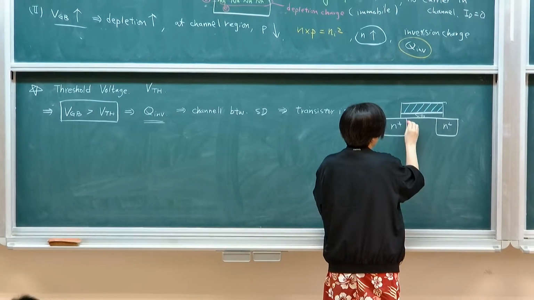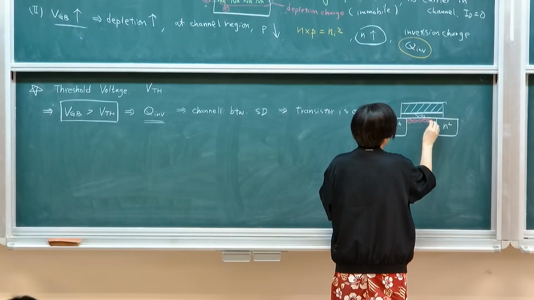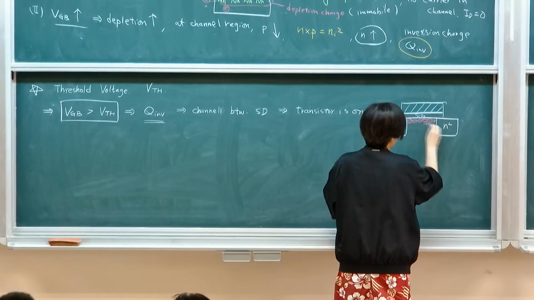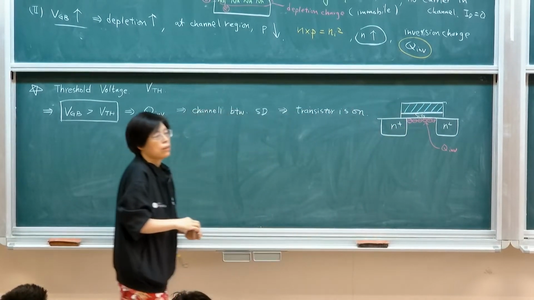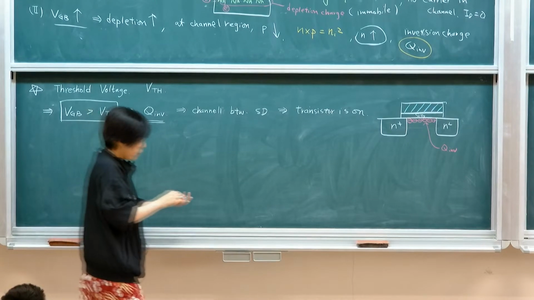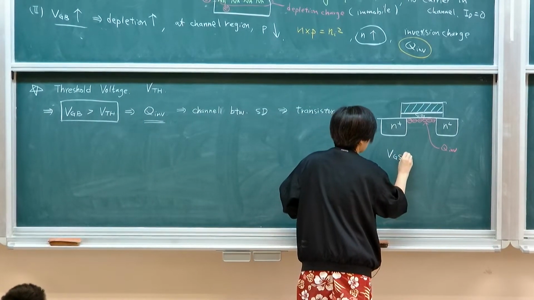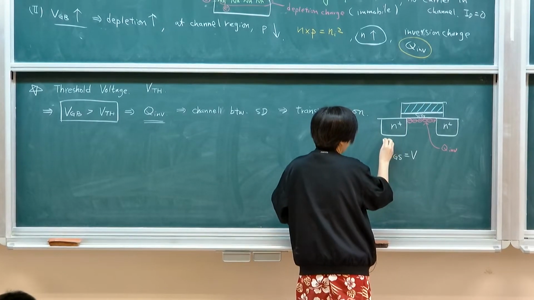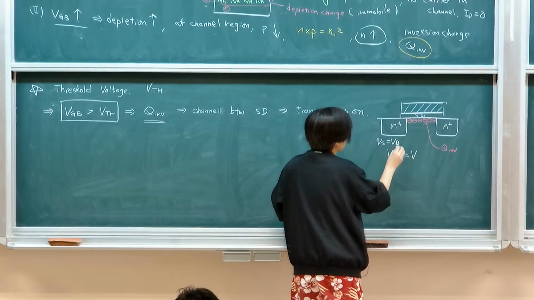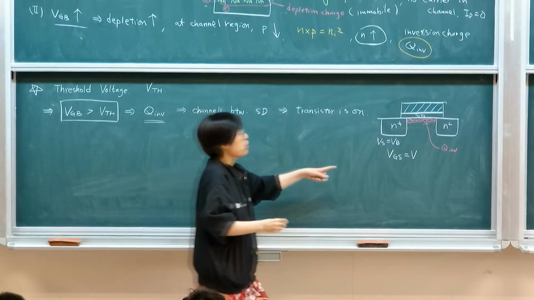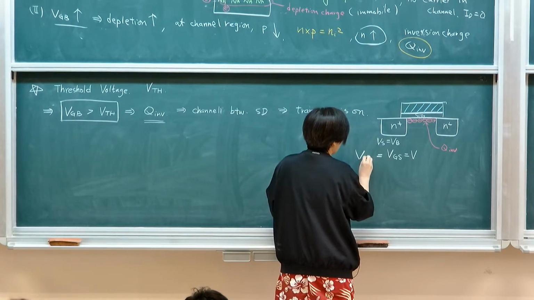Anytime inversion happens, it simply means I have a channel formed with inversion charge bridging the source and drain. So this is when we call VGS. In most cases, let me just assume that your source is connected to body in this scenario, so VGB equals VG.